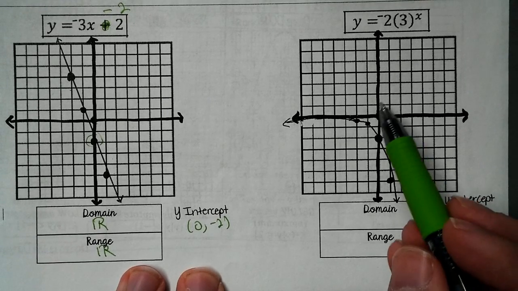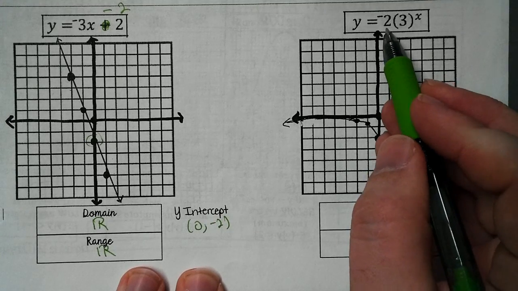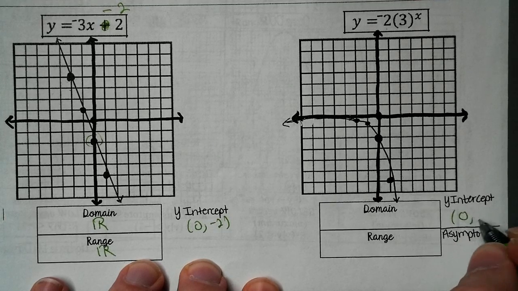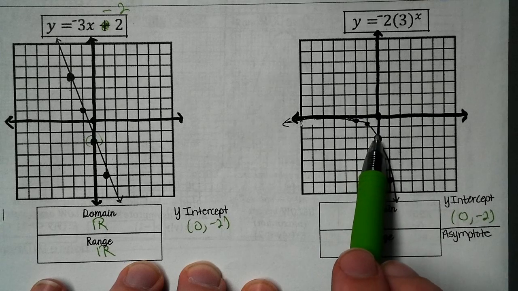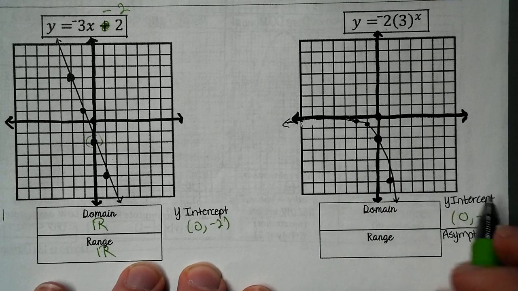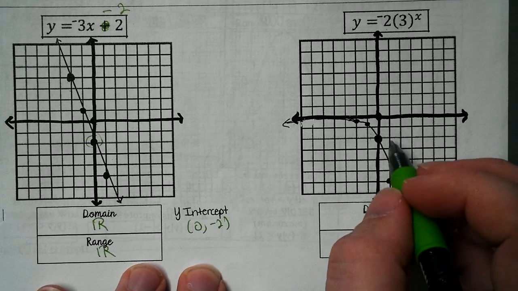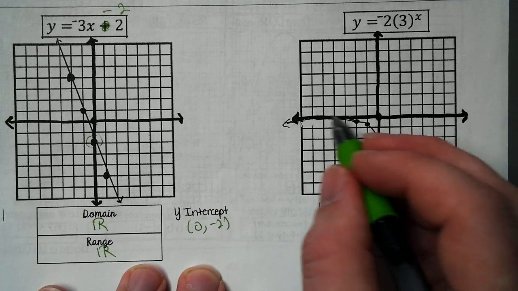Now, on this other graph, first let's get our intercept, because that's just our a value. It's at negative 2, so the intercept's at (0, -2). If finding it from the a value confused you, you can also look at your graph. It hits right there at (0, -2). Asymptote. Well, it goes down forever, but it looks like it never hits the x-axis.